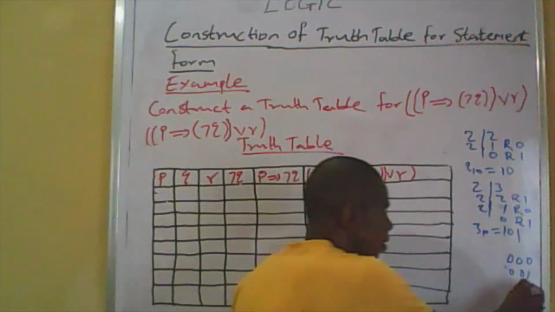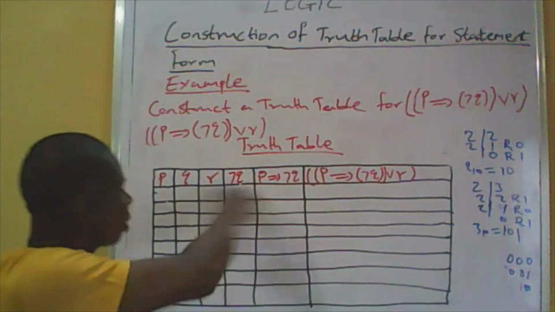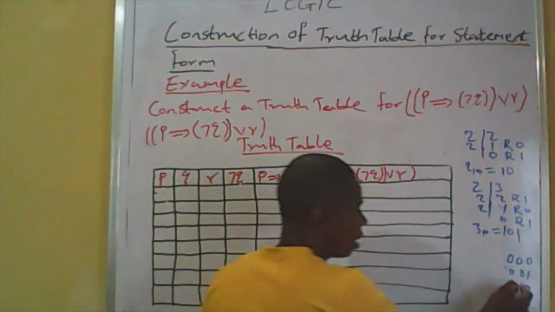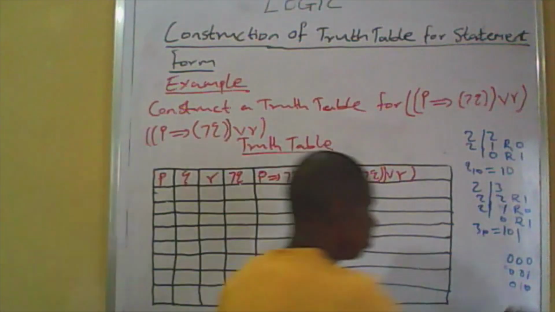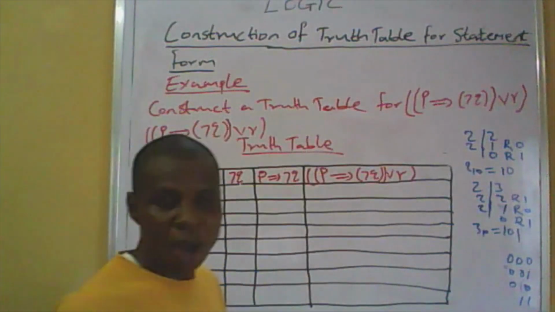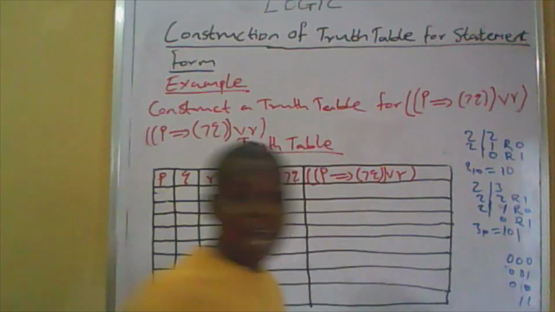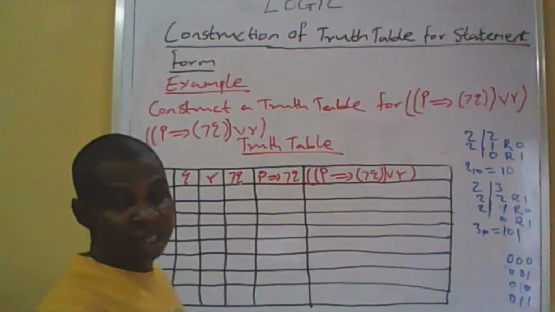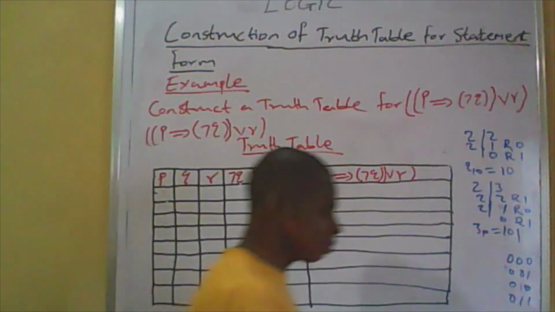This 10 has only 2 digits, but to make it represent our 3 simple statements, we add 0 in front. Another one is 11. It involves 0 and 1, but has only 2 digits, so you add another 0 so that it can represent our simple statement form.